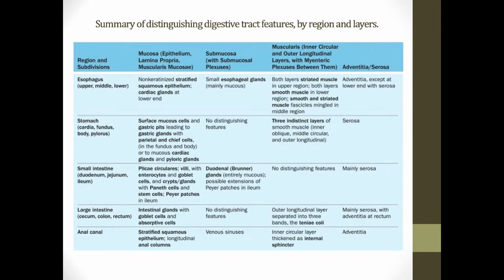Intestinal glands with goblet cells are present. The muscular layer has an outer longitudinal band, and the covering mucosa at the rectum region.